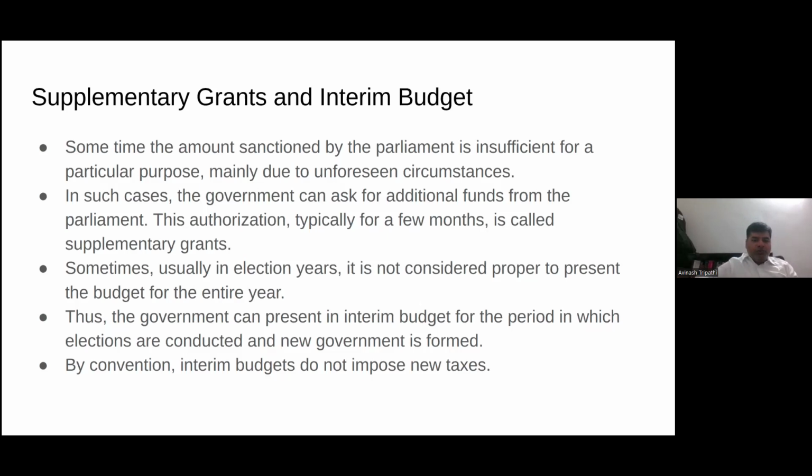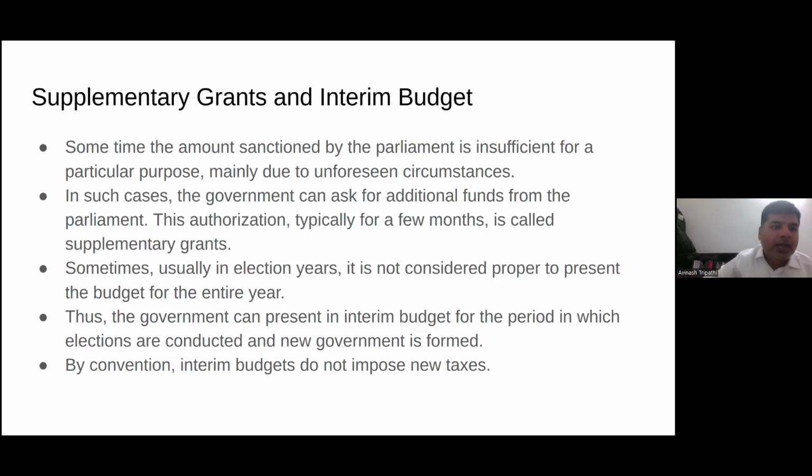So the government says that, look, you gave me, let us say, on a particular head, you approved 5,000 crores, but due to some exigency, I actually spent 10,000 crore. So I have to get approval for the excess 5,000 once again. Okay, so this particular process is known as supplementary grant.